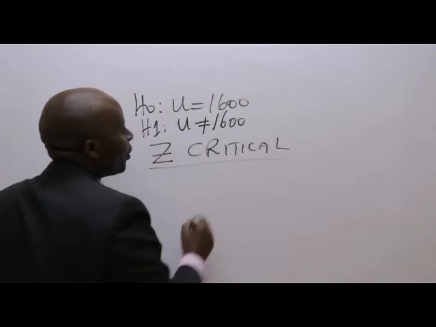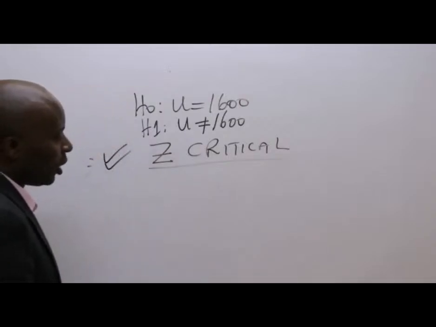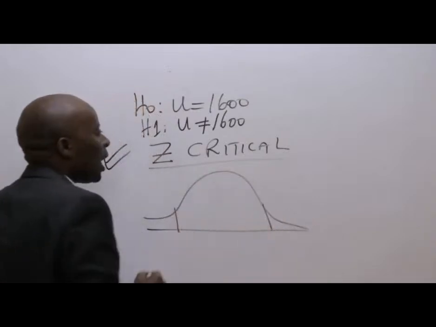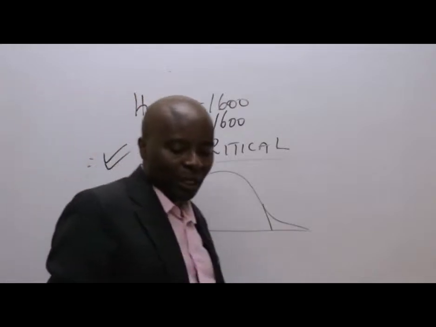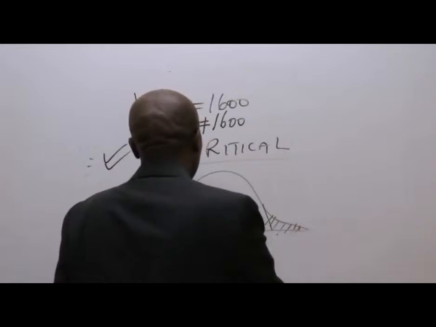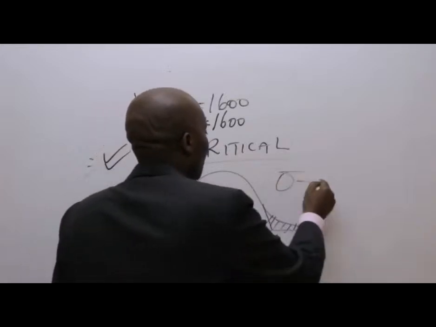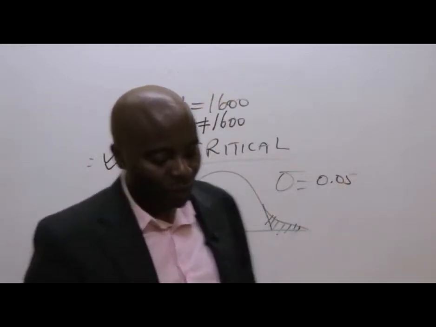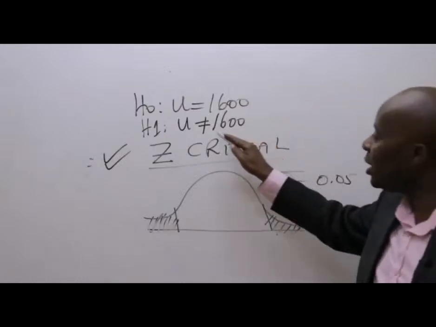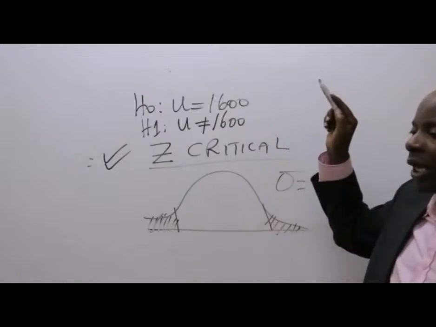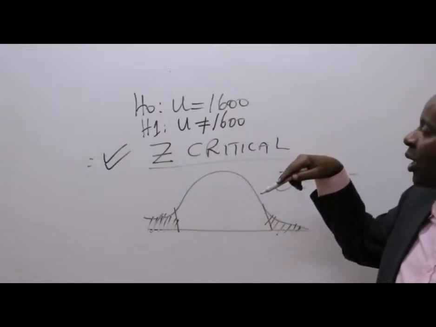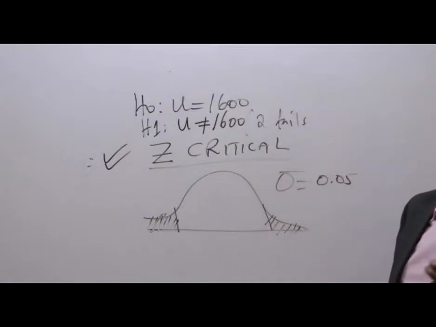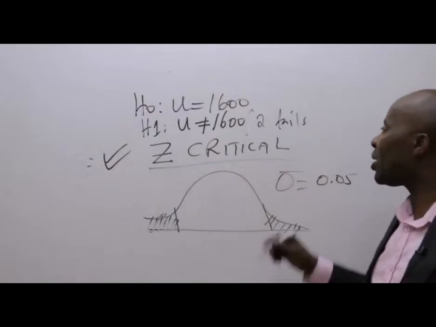So for the Z critical, we have to draw our diagram. The examiner has told us that the level of significance is 5%, which is 0.05. Since the alternative is not equal, it can go either way, so we are handling a two-tailed test.